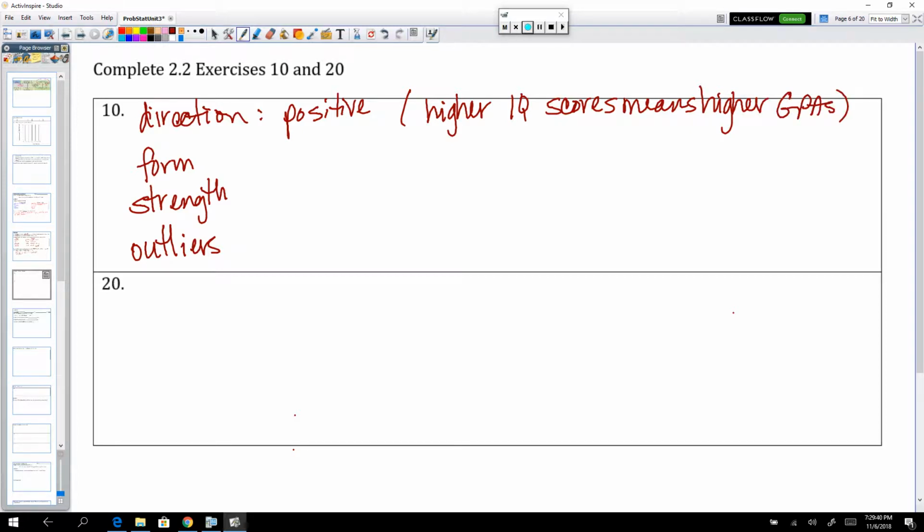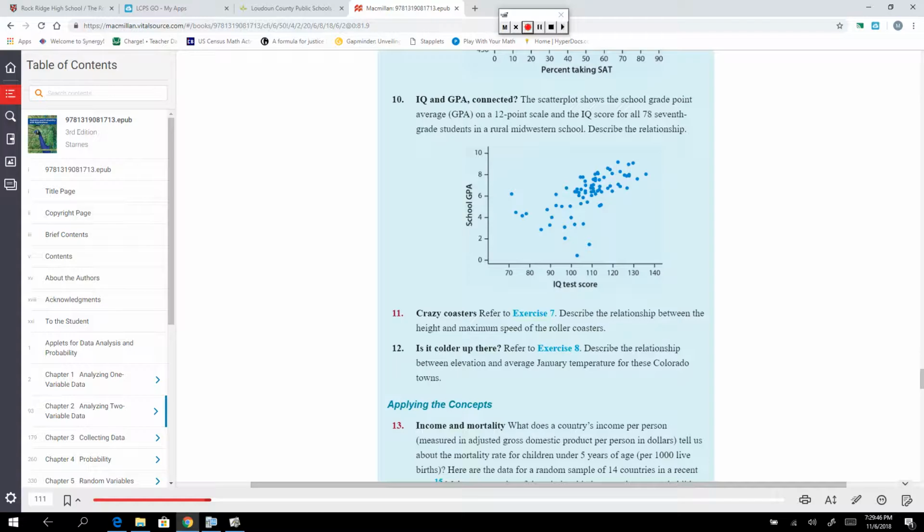Okay, so make sure you can do that in the context of your problem. Alright, now form. If we take a look at the form of the data, it certainly looks linear. And from a strength perspective, if I imagine a line of best fit that follows along here, the data really does hug close to that line. There is a little bit out here, but for the most part it's got a moderate form here.